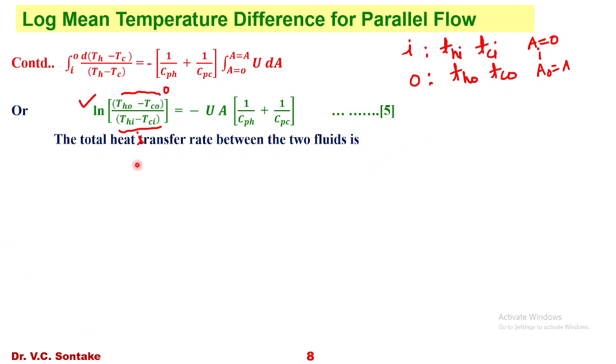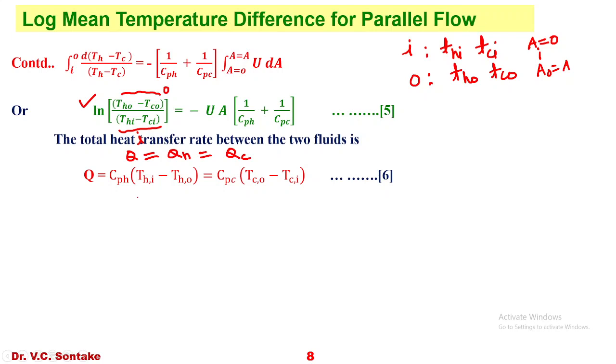Now the total heat transfer rate between the two fluids is also given by energy balance and can be written in this form, and this equation comes from this very fact, that is rate of heat transfer in a heat exchanger is equal to rate of heat transfer from the hot fluid is equal to rate of heat transfer to the cold fluid.